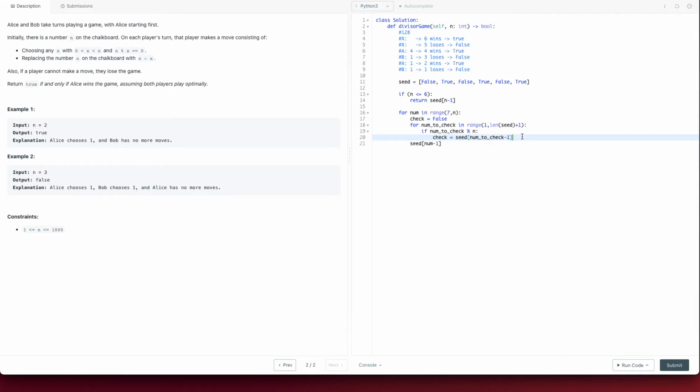Actually, basically, if I'm going to force the other player to lose, then c dot append true.